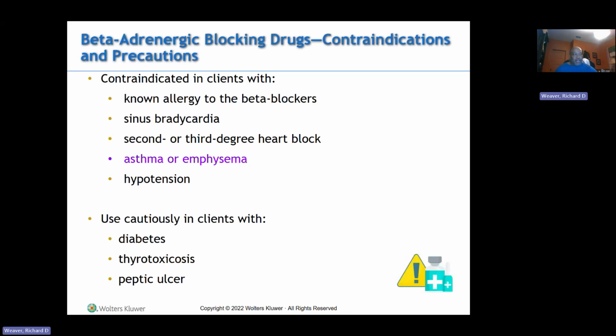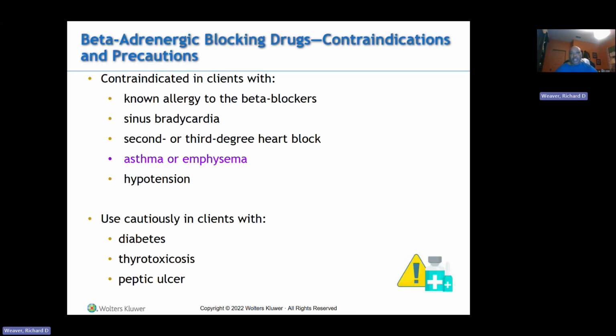So we have to be really cautious when giving these drugs that this patient is not experiencing a hypoglycemic reaction, because if the drug keeps the heart rate and everything down, it stops the production, if you will, of some of those sympathetic system responses or catecholamines, then we wouldn't know if the patient is really having a reaction. The thyrotoxicosis, the same thing.